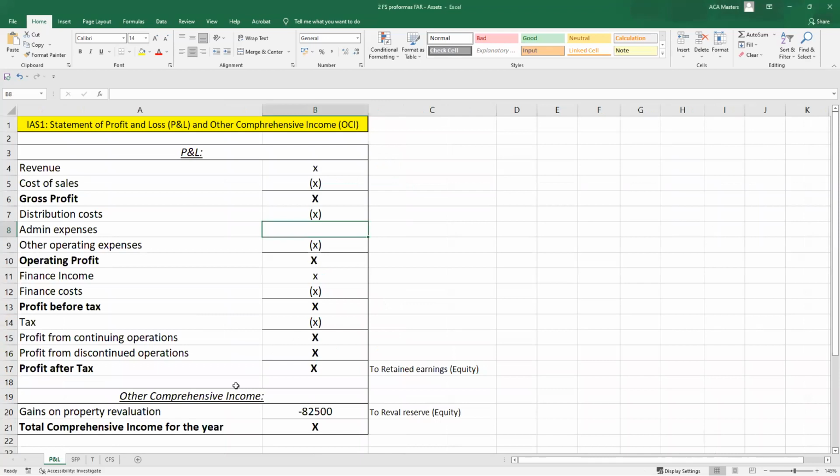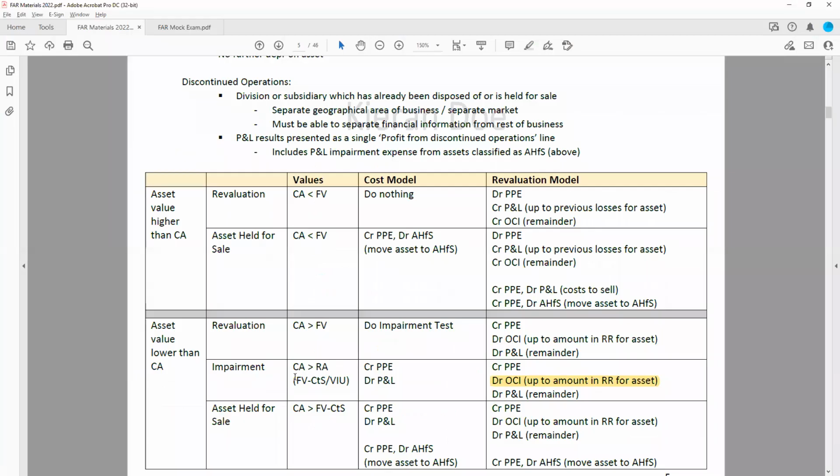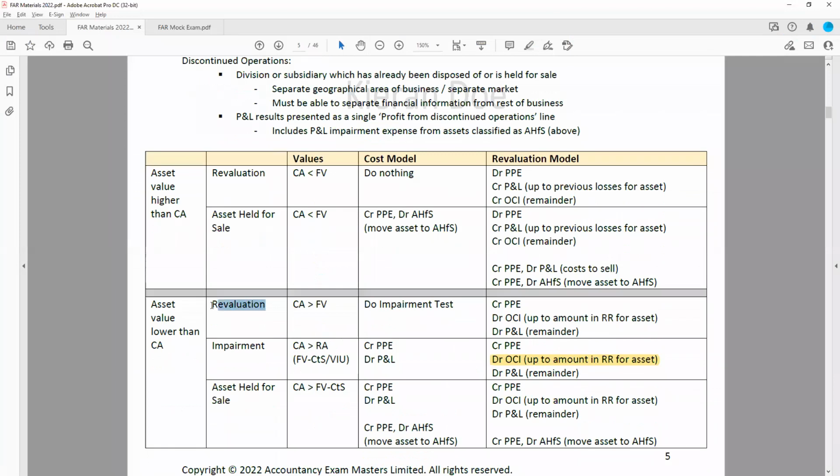But if that asset had previously been revalued upwards, then the amount can go through the OCI first of all. And that's the case whether you're looking at a downwards revaluation, so you're just doing your annual downwards revaluation under the revaluation model, or there's an indicator of an impairment, so you're doing an impairment test, or if the asset is held for sale, because you're really doing the same thing every time. You're remeasuring the asset, and if it's gone down in value, then that's an expense, and that expense has to go somewhere.